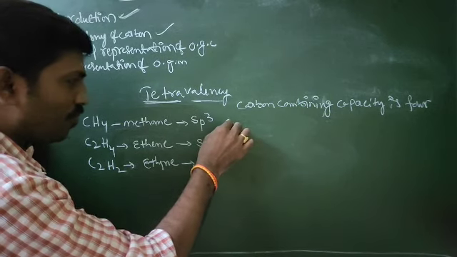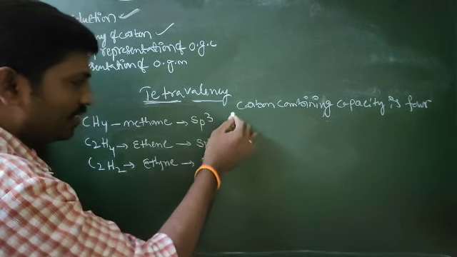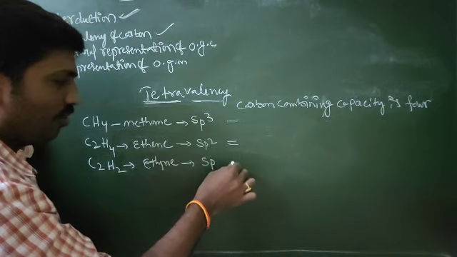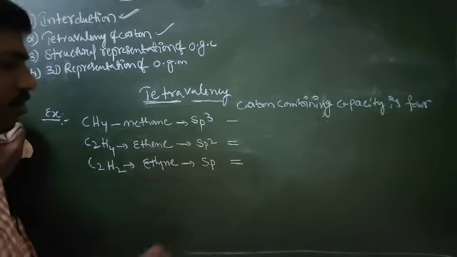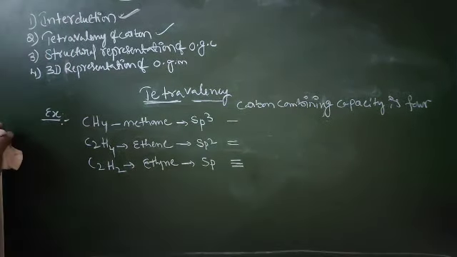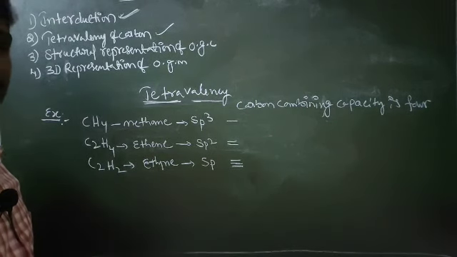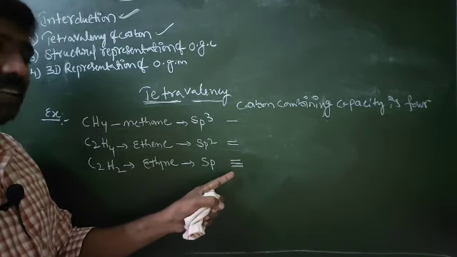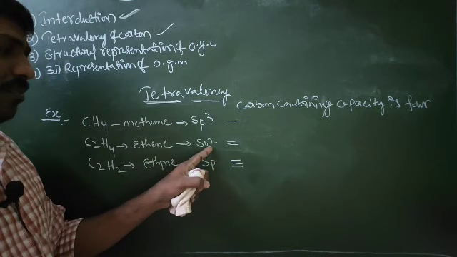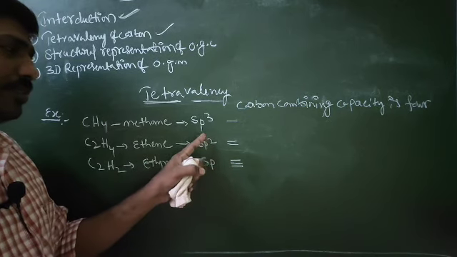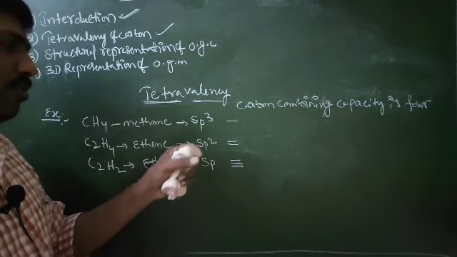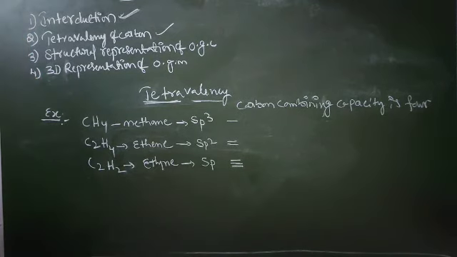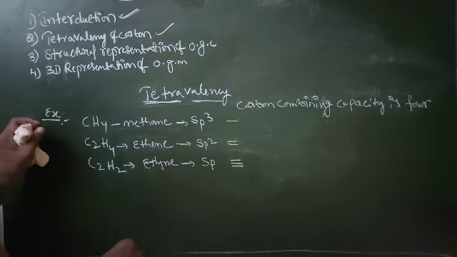Here the number of bonds between atoms is 1 in CH4, a double bond in C2H4, and a triple bond in C2H2. A triple bonded carbon atom has sp hybridization, a double bonded carbon has sp2, and a single bonded carbon has sp3.